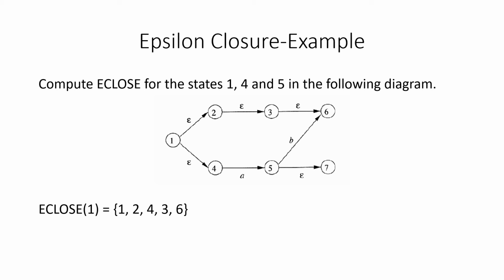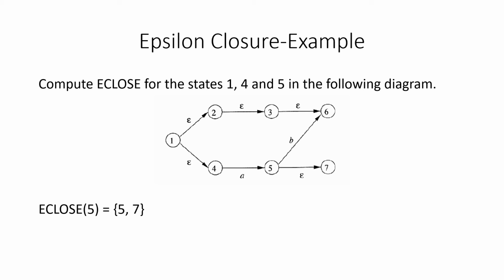Next, we'll go ahead with the state 4. Whatever state you are computing E-close for, that state is included by default. Then from that state we check whether there is any transition on the input symbol epsilon. When we check this example, we don't have any transitions on epsilon from state 4. Hence the E-close of 4 is 4 itself. Next we'll go to the E-close of 5.